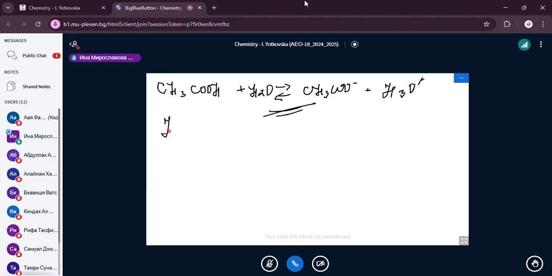So let's represent Ka again. For this case, generally, we divide the concentration of the acetic acid.